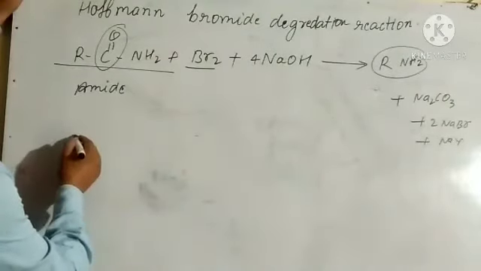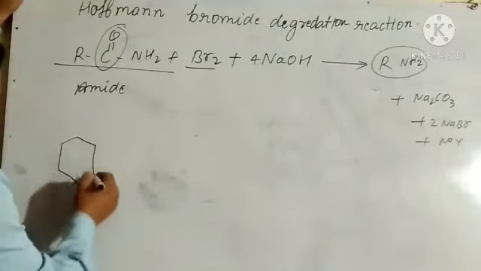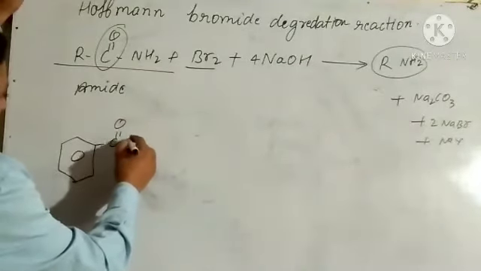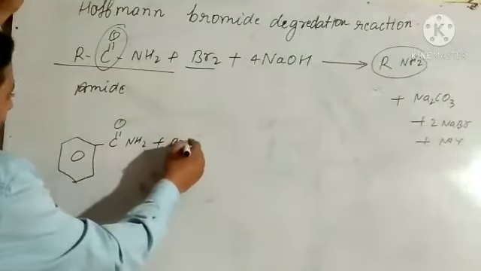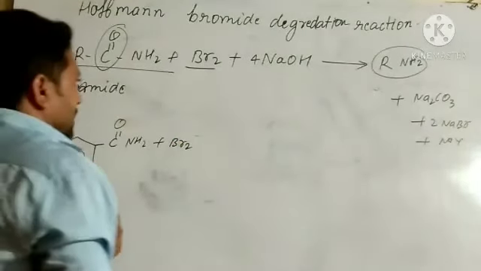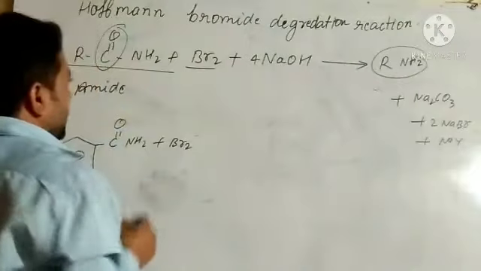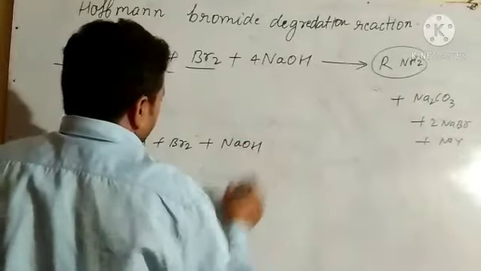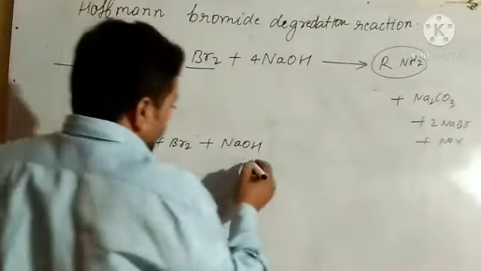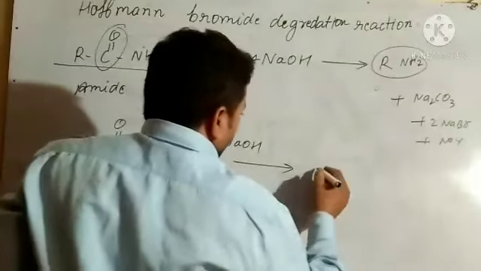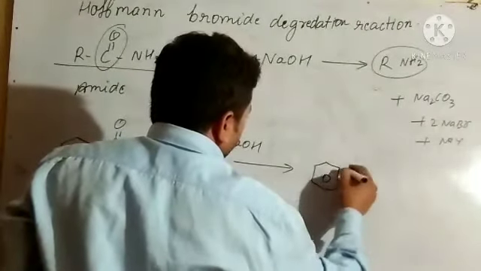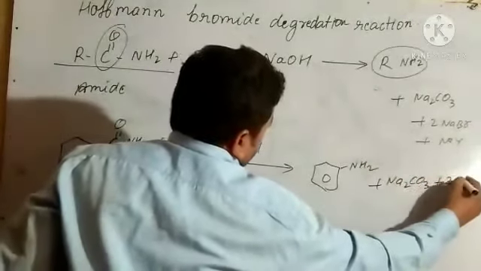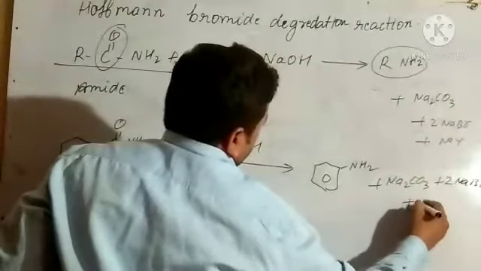So if we are taking here an amide like this, with O and NH2, and it reacts with ethanolic Br2 solution and sodium hydroxide solution, it gives amine and Na2CO3 plus 2NaBr plus 2NaX.